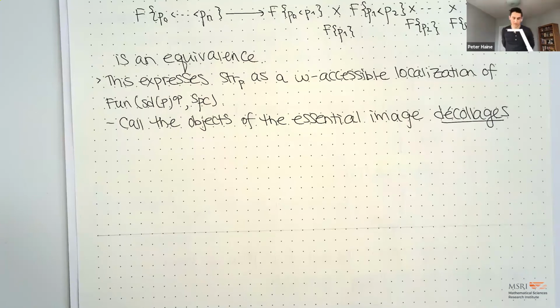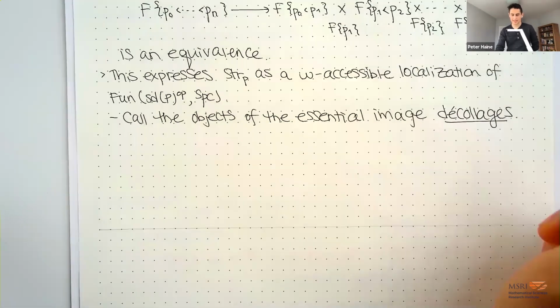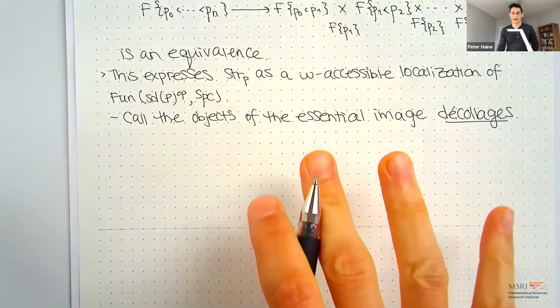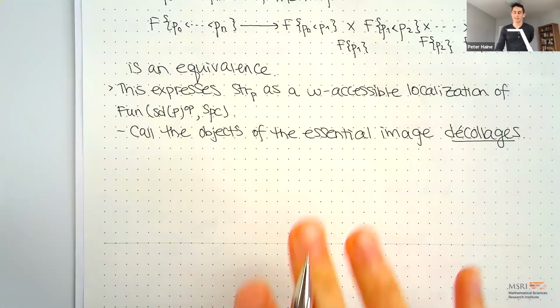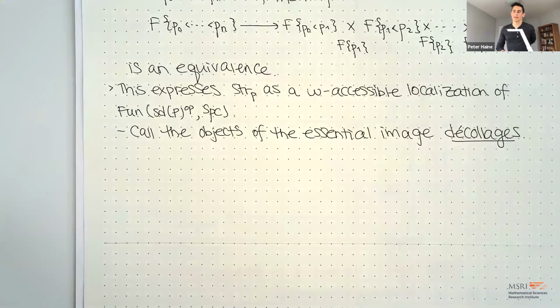So what's the game? The game is going to be to compare. Now we want to compare things to this setting. What do we need to do? We have some category of topological spaces.